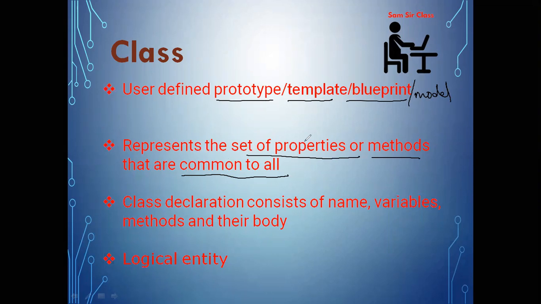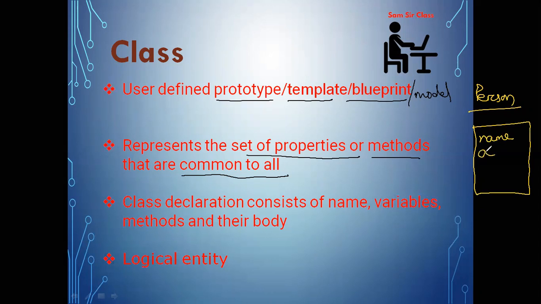Now whenever someone asks you, can you define a particular person? Okay, so you will take a pen and paper. Okay, and finally you think that if I define a particular person, that means the person will have some name, some age, and some gender. Okay, now these are the properties that we have set. Clear?